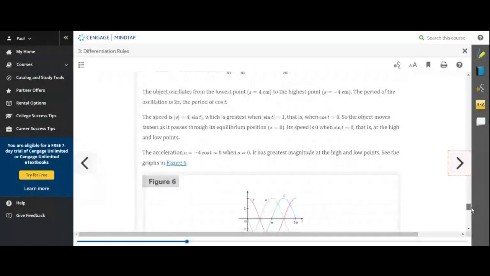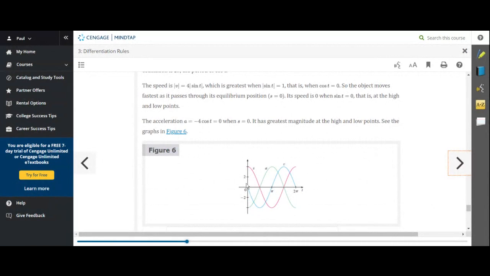So, they go through some detail in the problem where they actually graph the position function s, the velocity function v, and the acceleration function a. Okay, and you notice, for instance, this is figure 6.